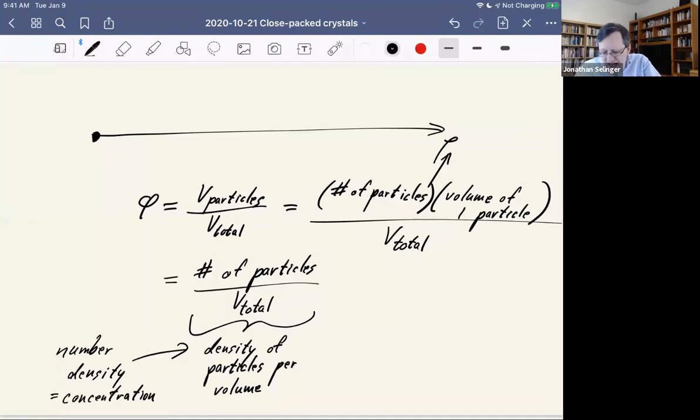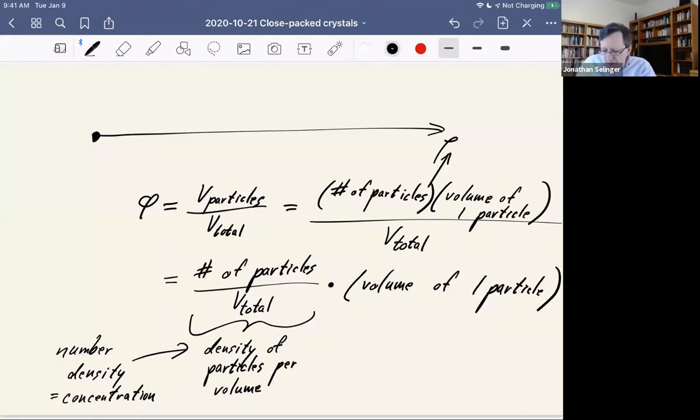It's not the same units as the mass density, but it's related to the mass density by a factor, which is just the mass of one particle. And then this is multiplied by the volume of one particle.